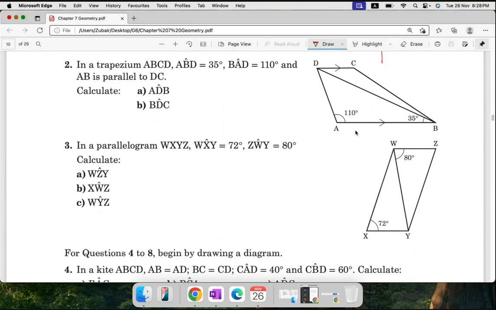In trapezium ABCD, ABD is 35, BAD is 110, and AB is parallel to DC. Calculate ADB. So ADB is this angle. We already have two angles. 180 minus 110 minus 35 is 35.